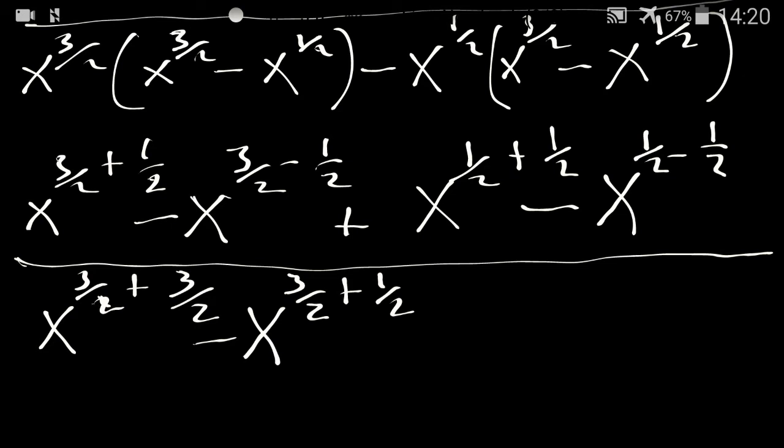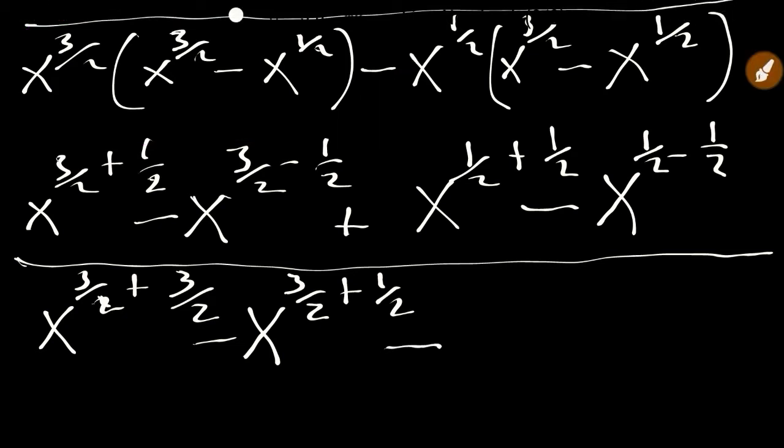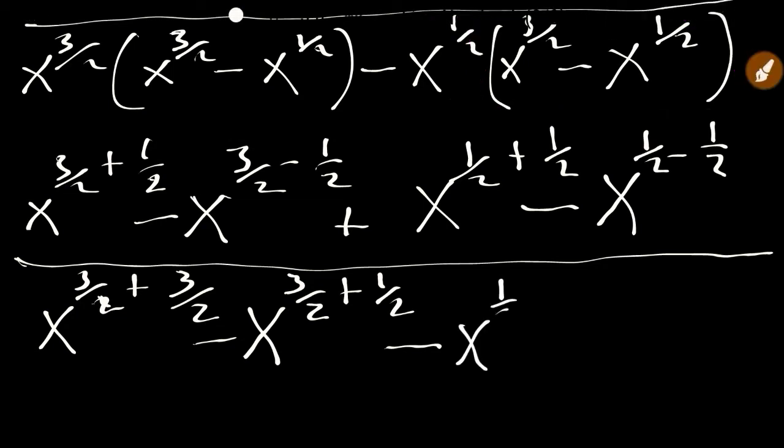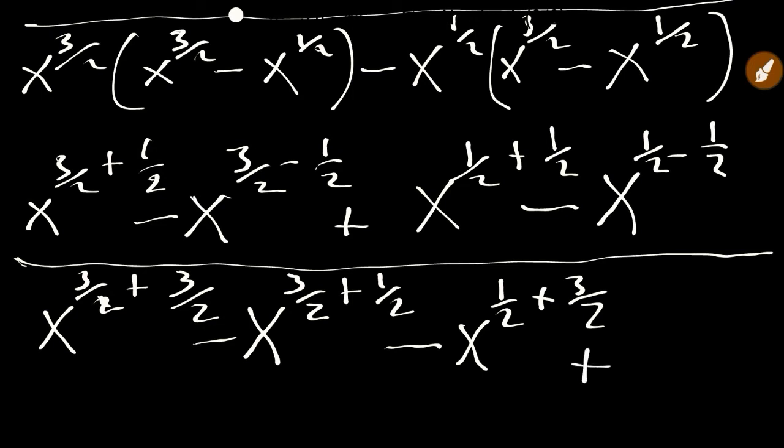So we are done with that one, and don't forget to write your negative sign, minus. So multiplying the x outside to the x inside, take one of the x and add the powers, same thing, okay? So now remember, minus times minus is plus, so we write plus, and then multiply that by taking one of the x and add the powers.